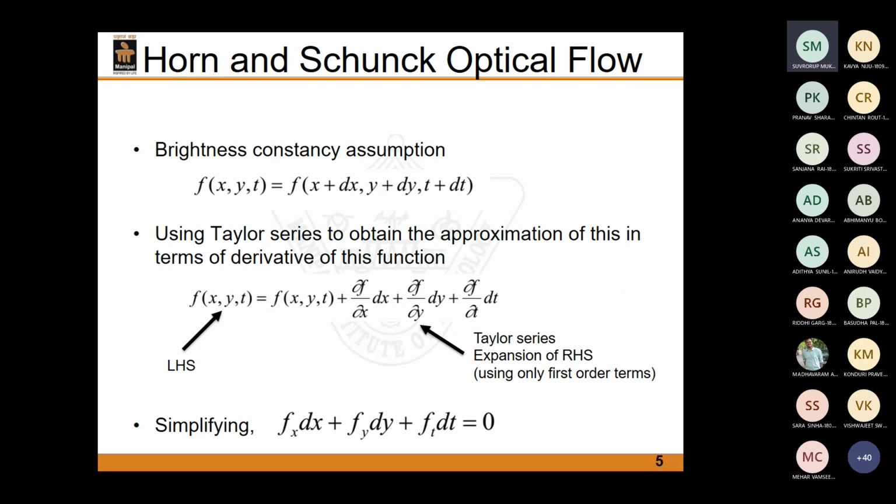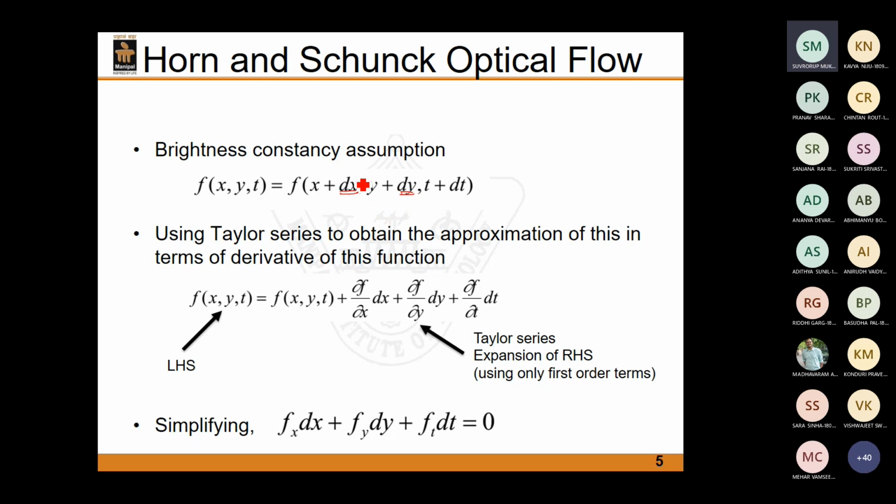Now, having assumed the brightness constancy assumption, we again use the Taylor series expansion. As I said, dx and dy are nothing but the pixel displacement along the x direction and along the y direction.